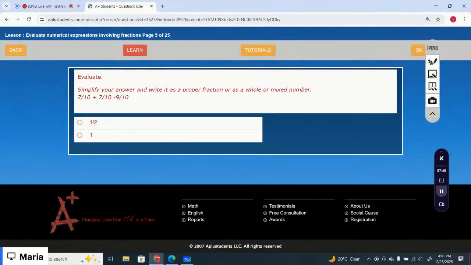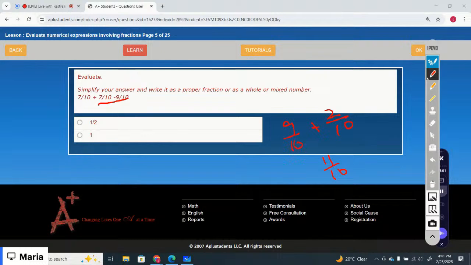7 by 10 plus 7 by 10 minus 9 by 10. So which is the correct option? 7 plus 7 is 14. And 14 minus 9 is 5. That is 5 over 10. 5 times 1 is 5, 5 times 2 is 10.